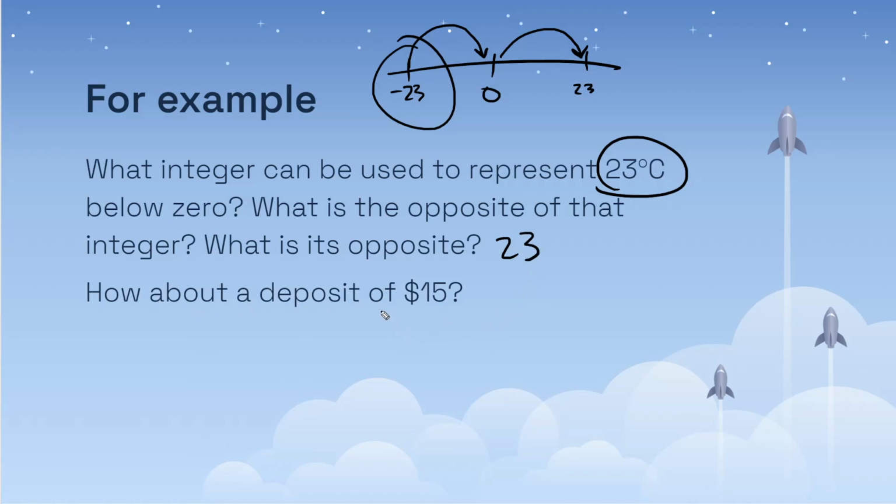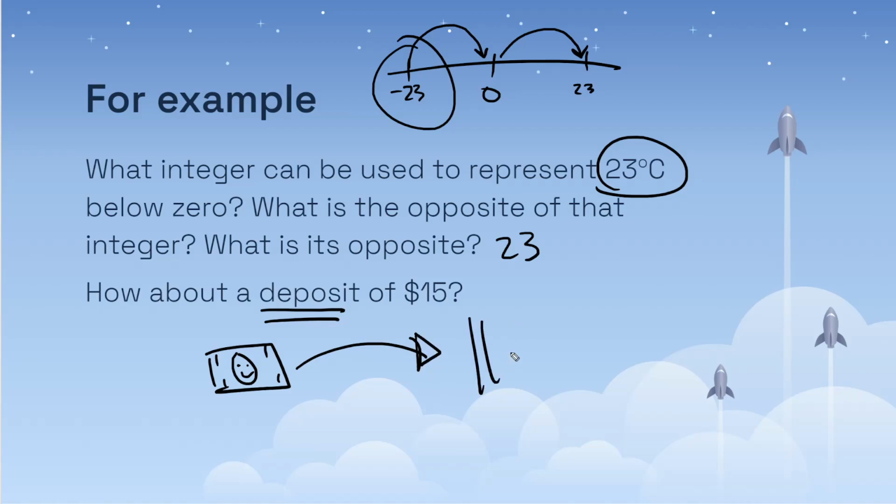How about a deposit of $15? Deposit is a word that you will probably see in homeworks and other things like that for some time to come. A deposit is when you put money into a bank. This is my Bank of Chow.